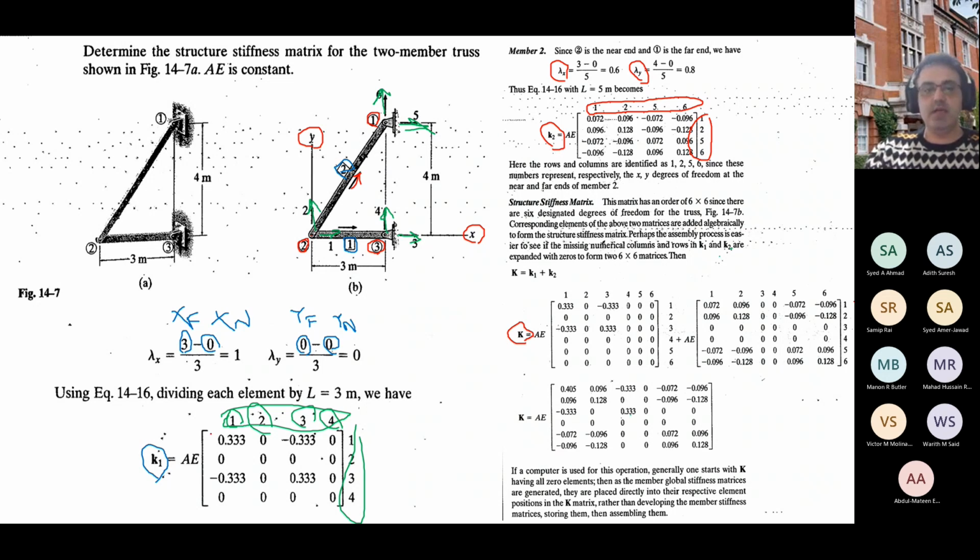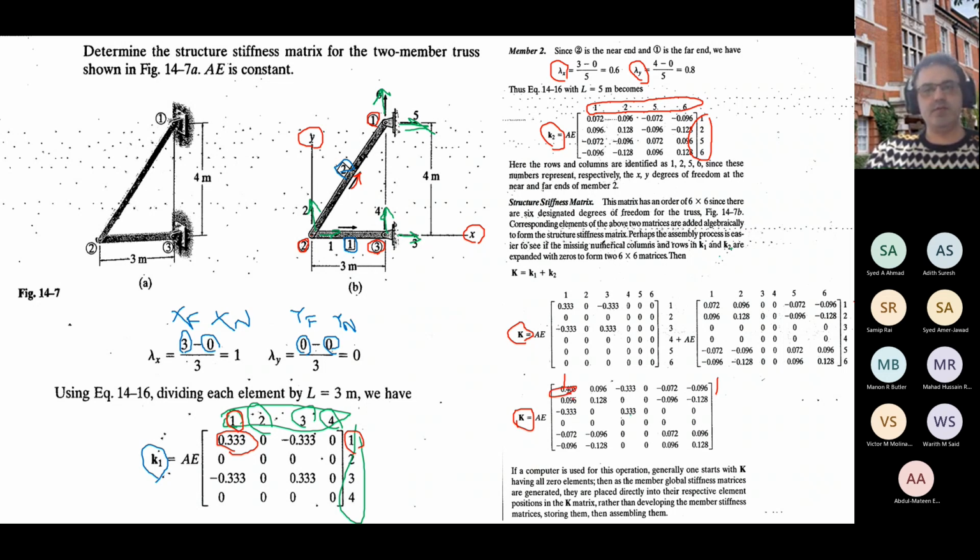into the right place. For example, you need to put every number into the bigger matrix. For this number, 0.333, you need to put it in column 1 and row 1 in the bigger matrix. So this is column 1 and this is row 1. This number 0.333 goes here, right?